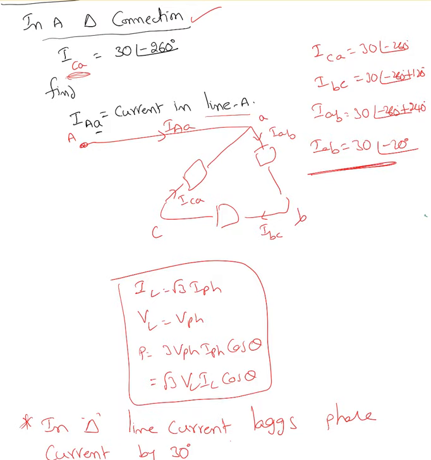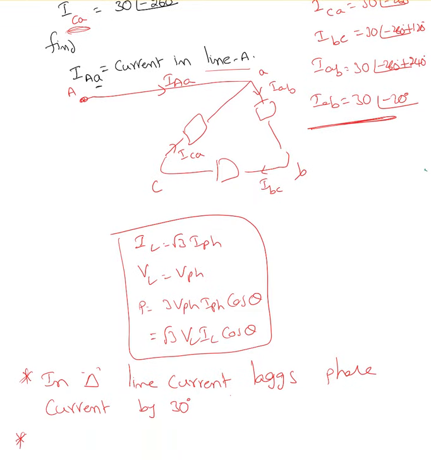Once I have IAB, here he's asking about IAA. The line current IAA must be square root 3 times IAB. At the same time, in delta, line current lags phase current by 30 degrees. So IAB is the phase current, 30 at an angle of minus 20. So where will be the IAA?